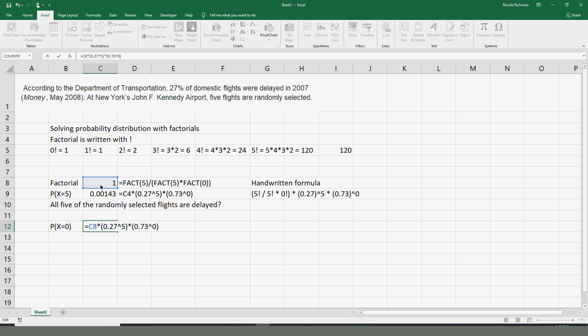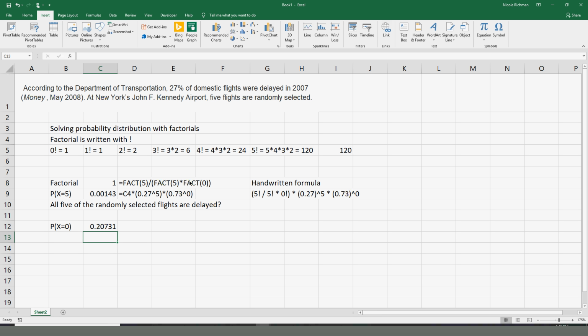But we want to make sure that our factorial piece of that equation, this piece, is pointing back to the same thing. And we're going to change this to 0. Change this to 5. So there's roughly a 20% chance that no flights will be delayed.